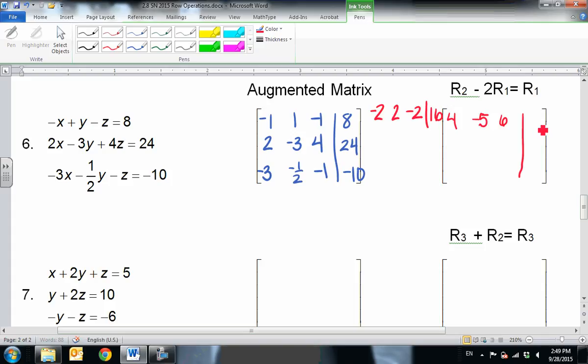And 24 minus 16, 8. Does anything change in the other 2 rows? Nope, so just copy them down. Okay, I would like for you to do number 7 on your own, please.